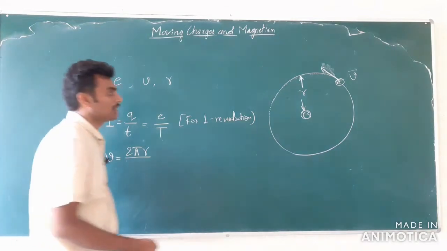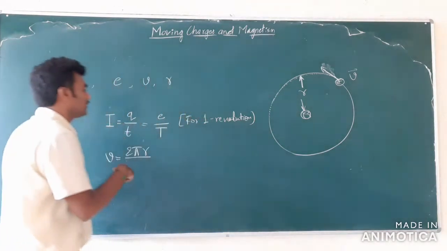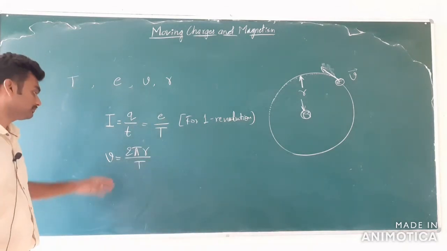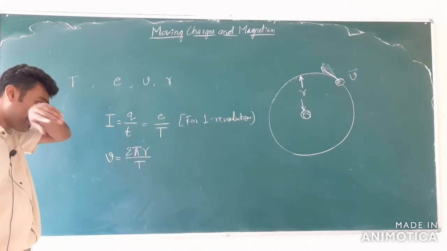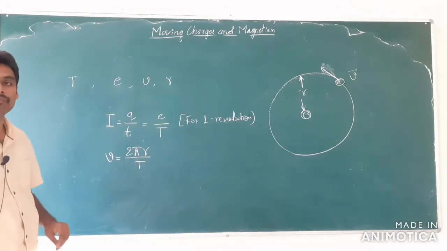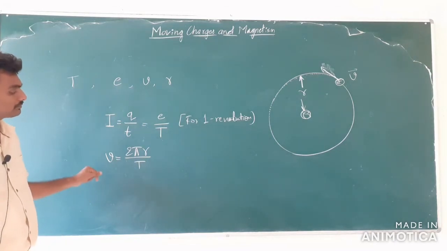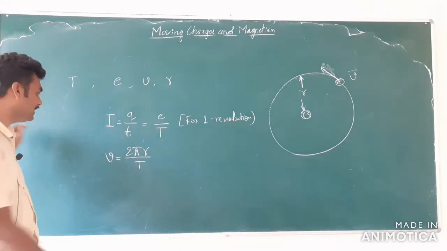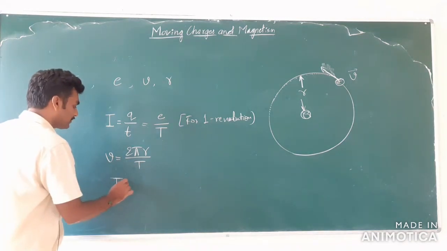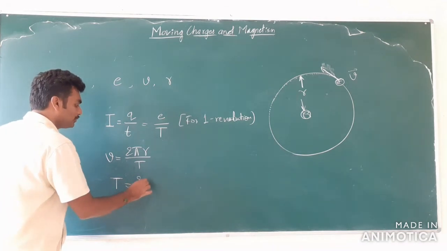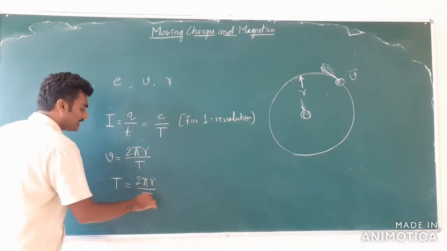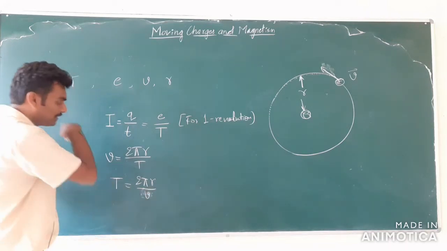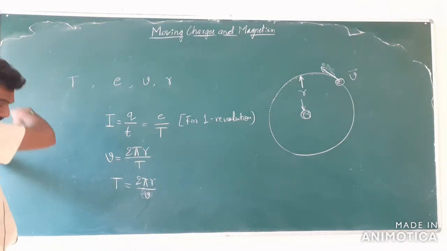For one revolution, the time taken by the electron is equal to its time period, which is capital T. So that's what we have. v is equal to 2 pi r by capital T. And hence the time period T becomes equal to 2 pi r by v, magnitude of velocity.